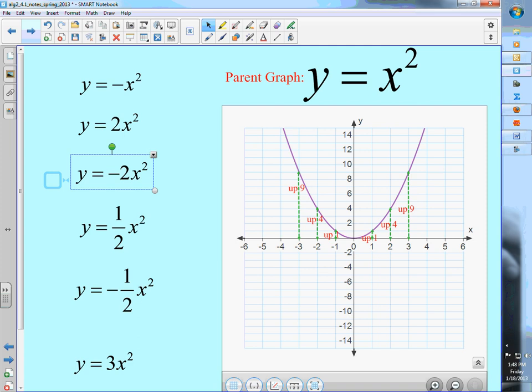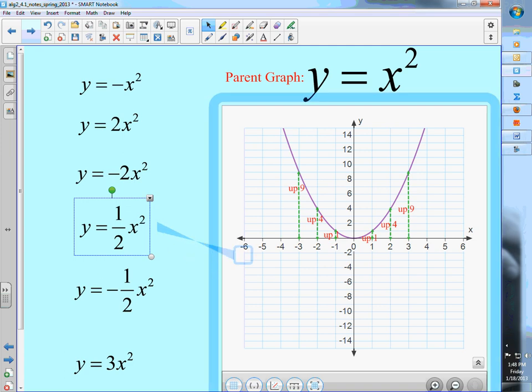What do you expect to happen to the parent graph? Twice as wide? No. Half as tall. So when we graph this, instead of going up 1, 4, and 9, you're going to go up 1/2, 2, and 4 1/2. So it took the parent graph and squished it in half, vertically.